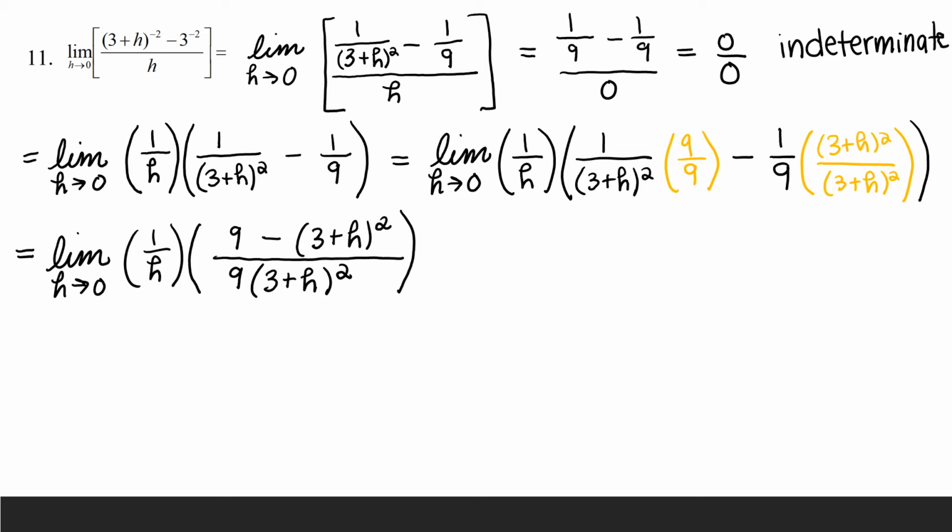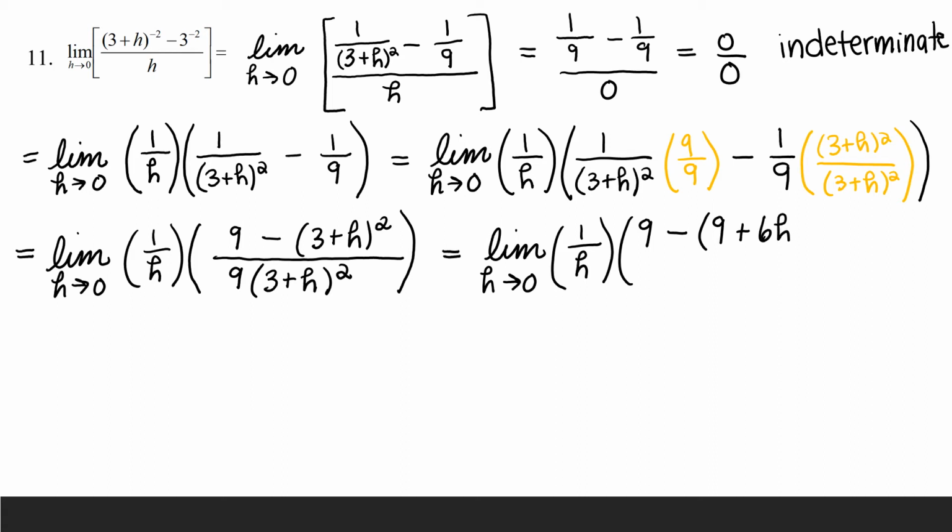And before I can do anything with that numerator, I'll have to expand it. So I have the limit as h approaches 0 of 1 over h times 9 minus, well, 3 plus h squared is going to give me 9 plus 6h plus h squared, and I still have that 9 times the quantity of 3 plus h squared in my denominator.